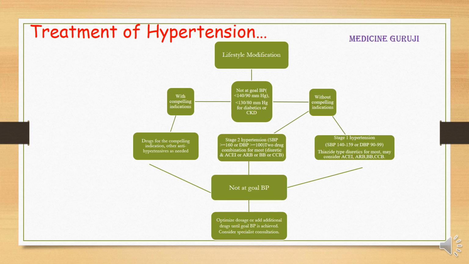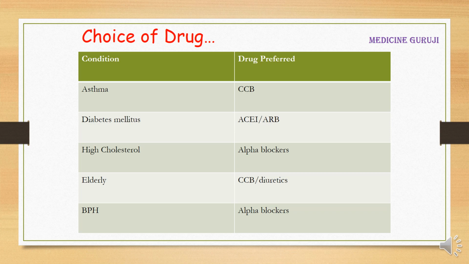Now look at the left side with compelling indications. Drugs for the compelling indications, other antihypertensives as needed. Now, what are the choice of drugs under various situations that are generally encountered? जैसे कि हमें एस्थमा मिलेगा तो ड्रग प्रिफर्ड इज कैल्शियम चैनल ब्लॉकर. डायबिटीज मिलती है पेशेंट में ACE इनहिबिटर्स और ARB. हाई कोलेस्ट्रॉल पेशेंट्स मिलते हैं अल्फा ब्लॉकर्स.